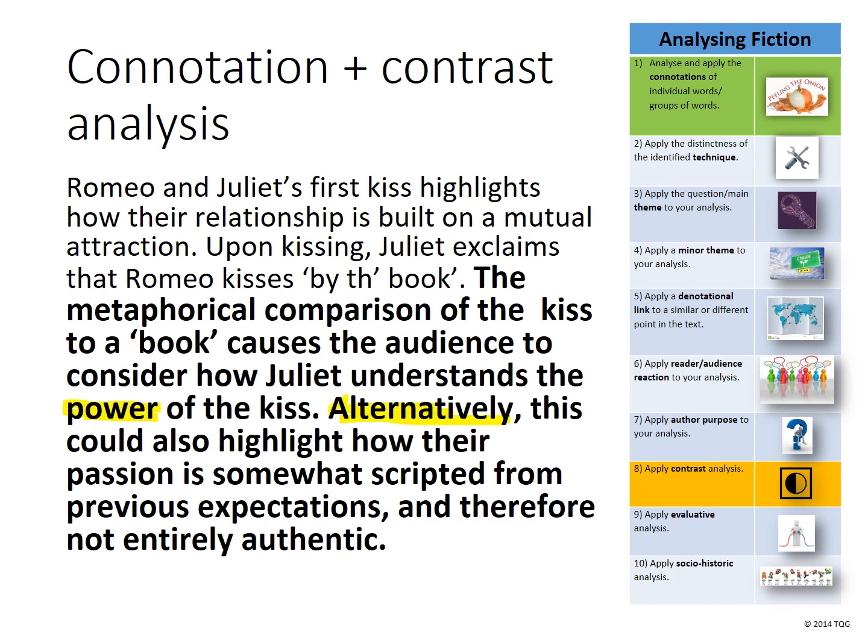Alternatively, and that's your key signpost to show that you're going to analyze contrast, you could also use words like however or on the other hand to make a signpost at the start of a sentence. This could also highlight how their passion is somewhat scripted from previous expectations and therefore not entirely authentic. Okay, so those are the important ideas we need.